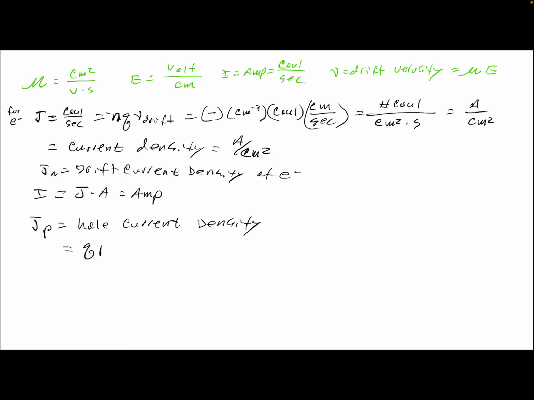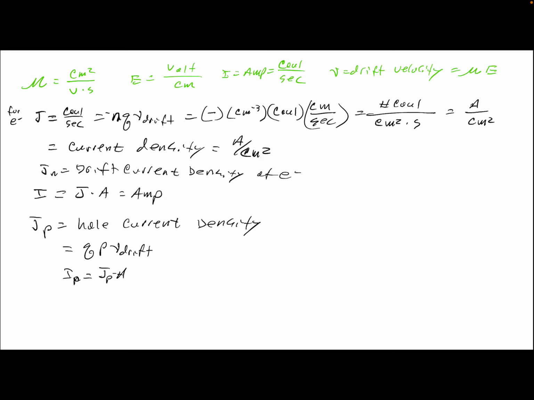Now we'll have Q times P times the drift velocity. Again, that's coulombs times the number of holes per cubic centimeter times centimeters per second. That will give us a current. And the same way, I sub n or I sub p would be J sub p times the area that it's flowing through.